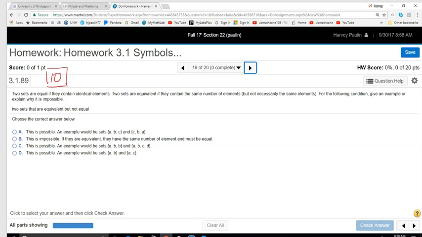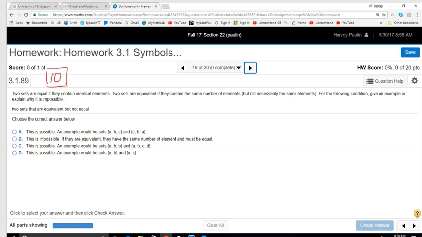An example would be this has 2 elements and this has 2 elements. So these would be equivalent but not equal. Okay. So the justification of this is letter D.